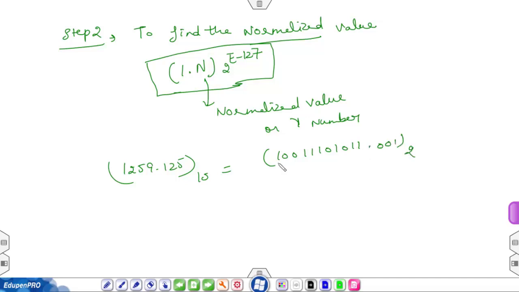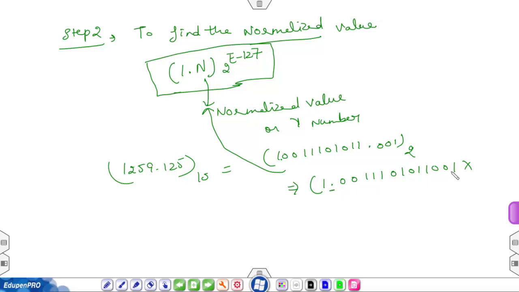So we have to convert this number into this format. Just put one before the decimal point, so just put one point after this one. That means the number will become 1.0011101101011 times 2 to the power of however many places we have shifted the decimal point.